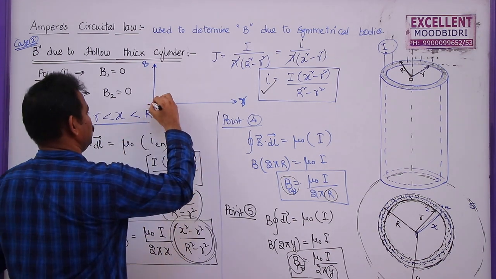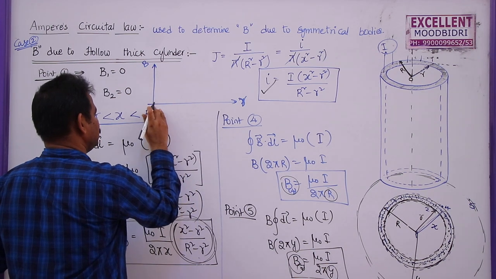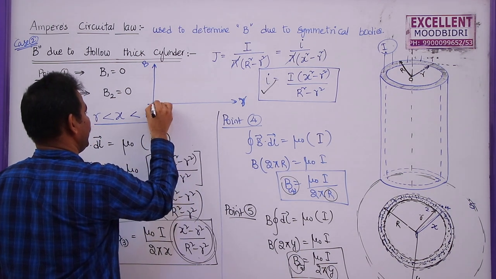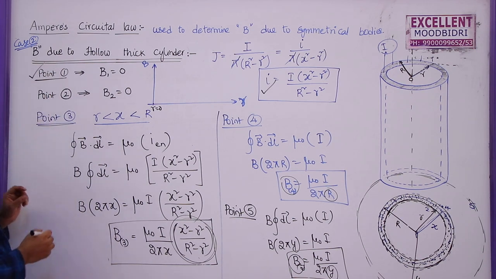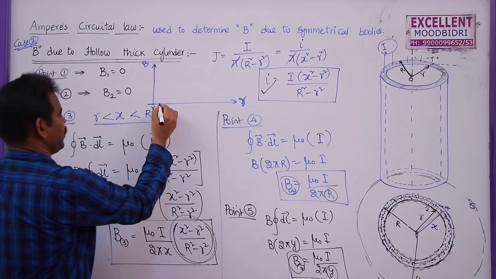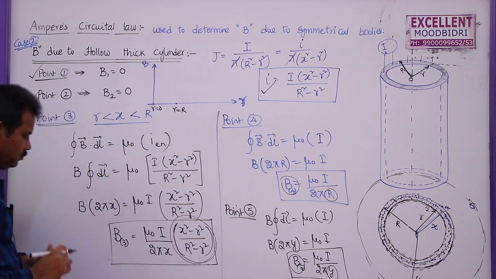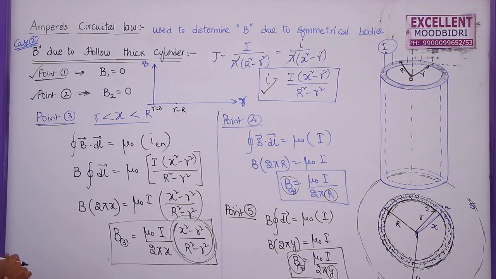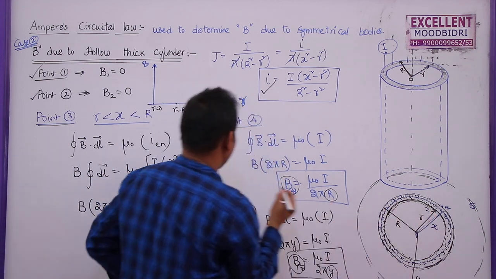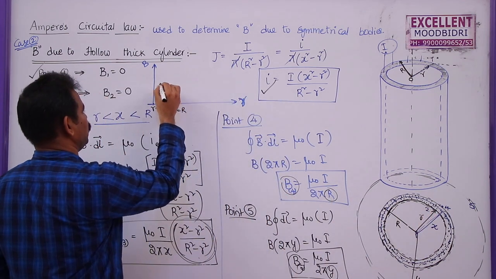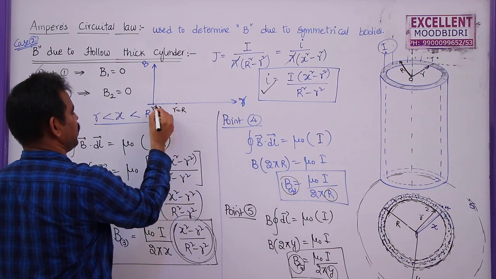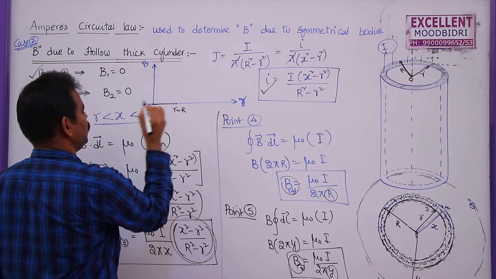So in this case also, B is inversely proportional to R only from point 3. So you can write when R is equal to 0, the magnetic field is 0 at the first point. At the internal point also the magnetic field is 0. And when R is equal to capital R, at this point also the magnetic field is 0. So up to here the magnetic field is not present. It is 0 only.